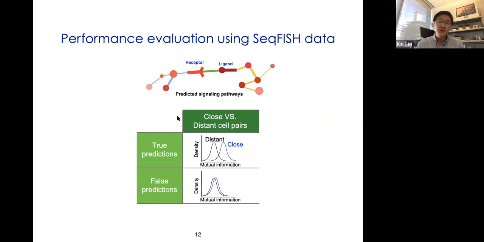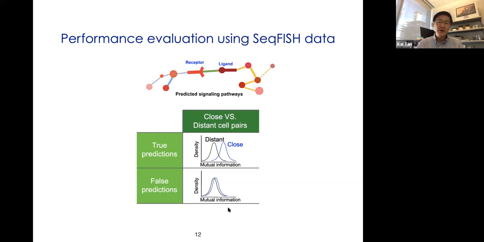This cartoon shows the rationale for our first approach. So we used spatial transcriptomics data such as SIG-FISH. Here, our rationale is if a pathway is true, we would expect the genes in the pathway to have a high correlation if those are from cells that are physically close to each other.